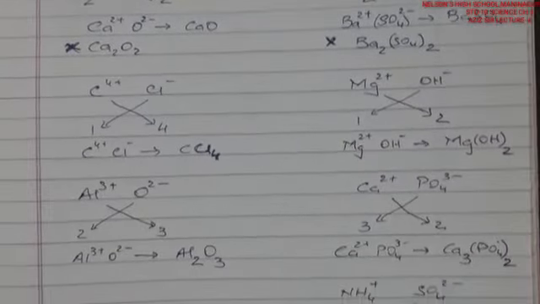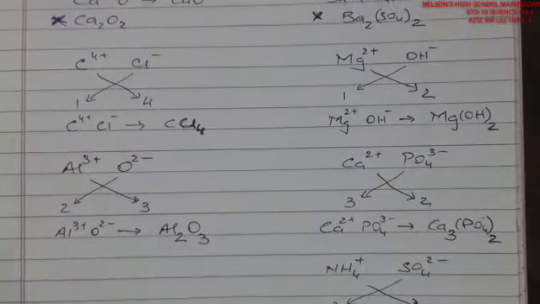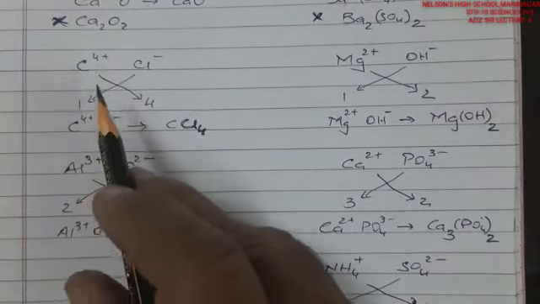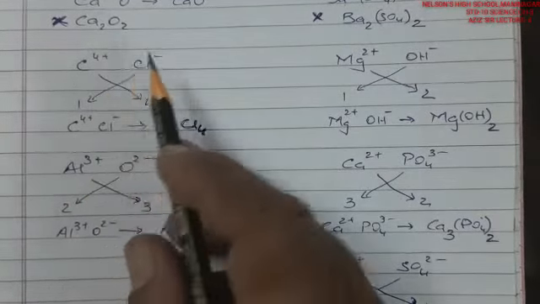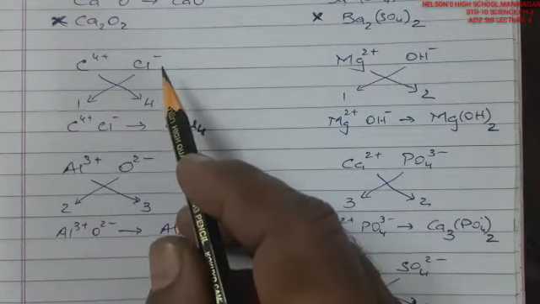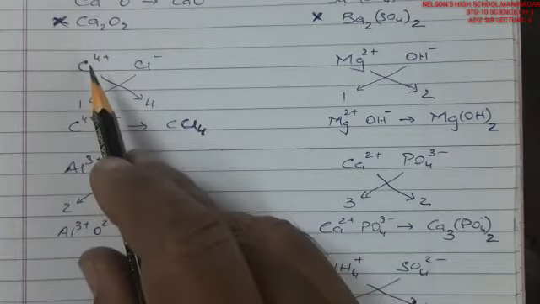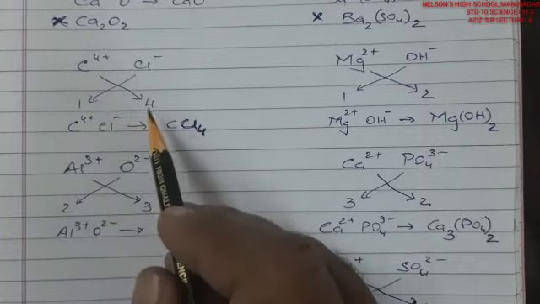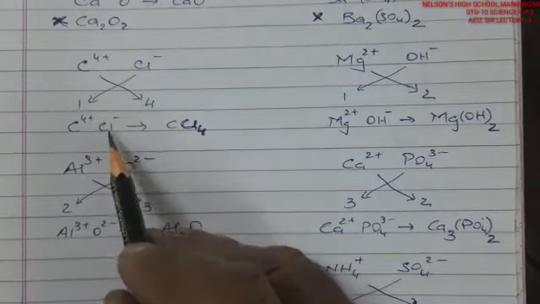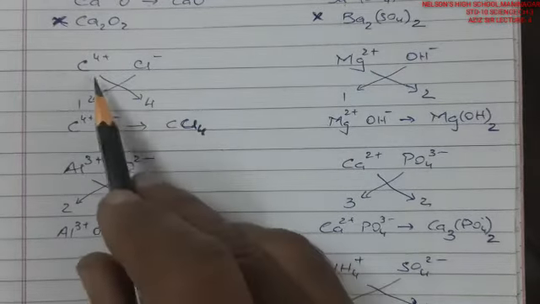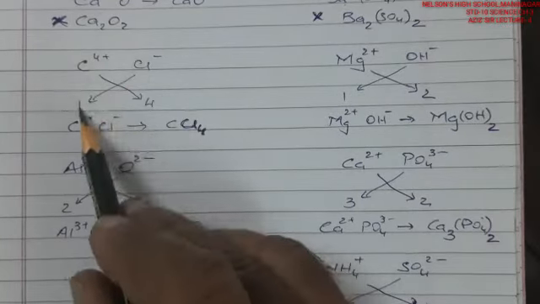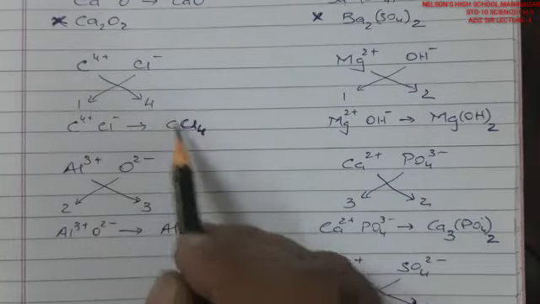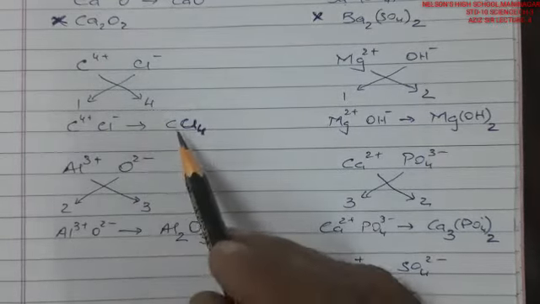Going further, with different valencies, like carbon having +4 and chlorine having 1-. So 1 comes from the chlorine side towards the carbon and 4 goes towards chlorine. So the symbol turns out to be C, carbon with 1, and chlorine given 4 by carbon.